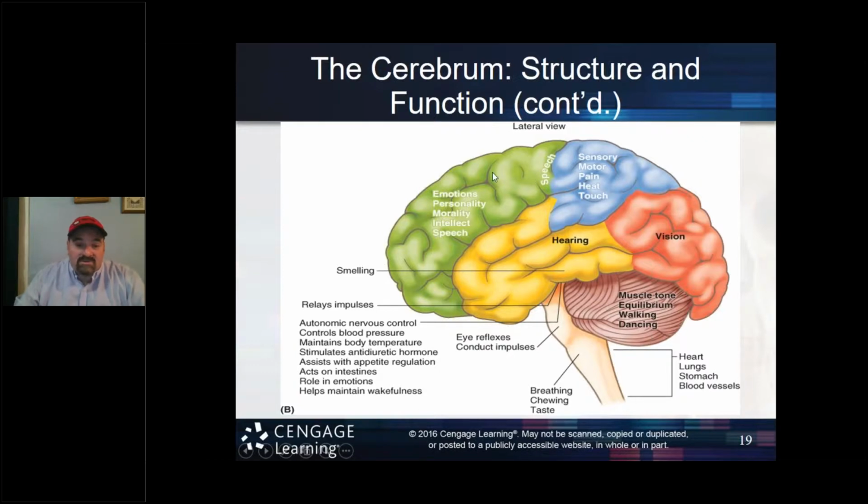And we'll see that there are other areas, and I'll share some other images with you regarding that. There are association areas that enable your sense of motor control and your sensory input. Motor output within the frontal lobe is a big part of that, for motor control as well as your cognitive ability, your ability to think and process information.